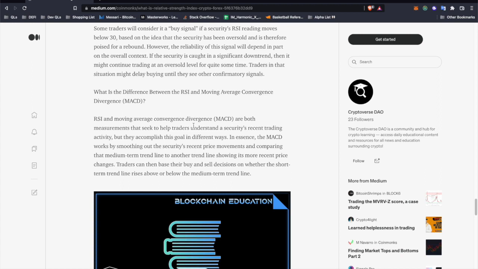Traders can then base their buy and sell decisions on whether the short-term trend line rises above or below the medium-term trend line. We've covered moving averages before, so to help you visualize what a shorter-term moving average crossing above or below a longer-term moving average looks like, do go back and watch that video on the education playlist of the Cryptoverse DAO YouTube.